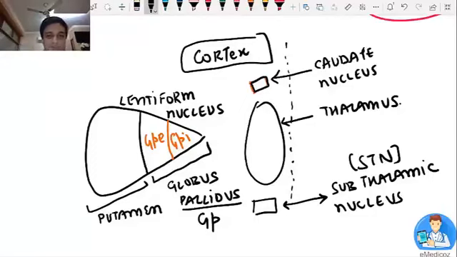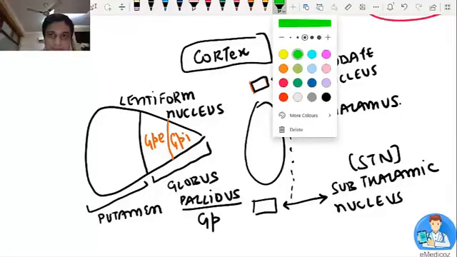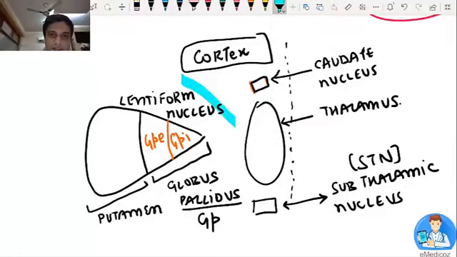It's very simple. Now, can you tell me what is sitting right over there? I'm marking this with blue. Can you tell me what structure is somewhere between the lentiform nucleus and the thalamus? There's a structure which is a capsule present internally in the basal ganglia. What is that structure?